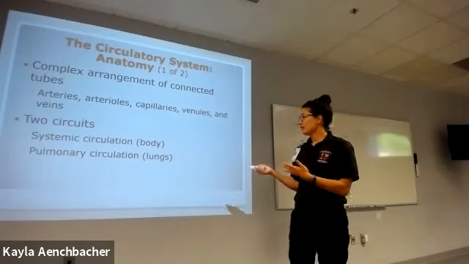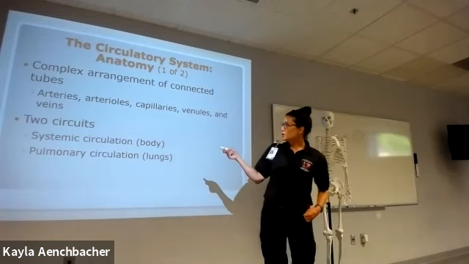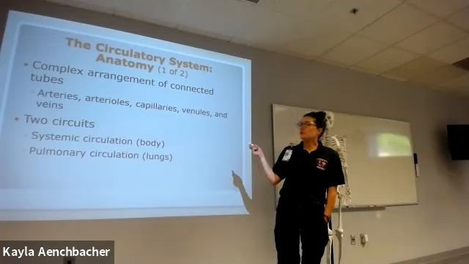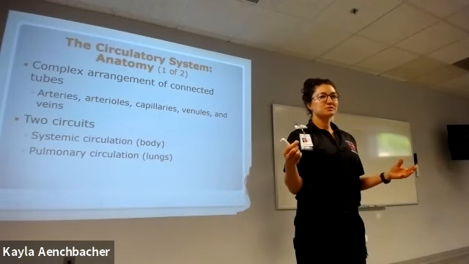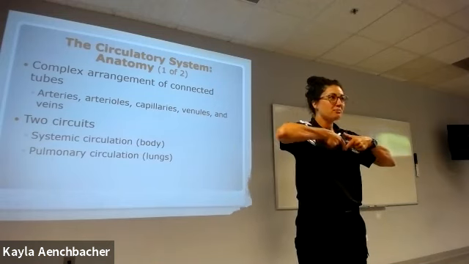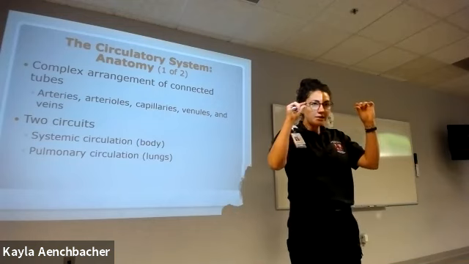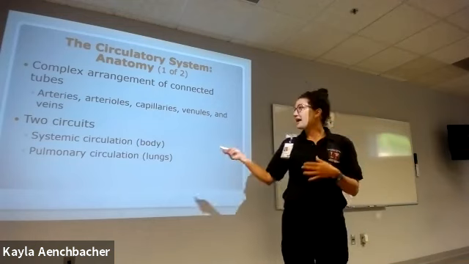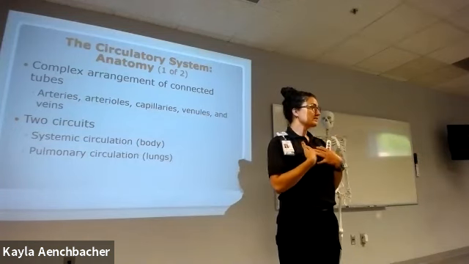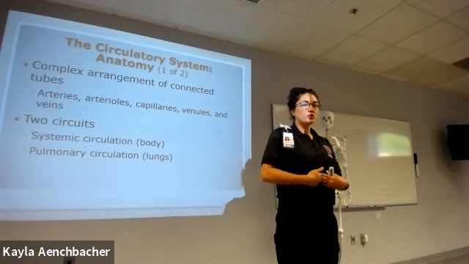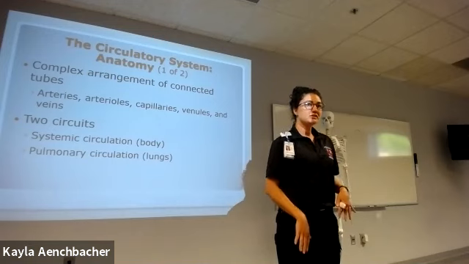So we have the arteries, we have veins, and then notice arterioles, venules. What does that remind you of? Bronchioles, right? So we start with the bigger bronchi, we branch off to the little guys, and they're the bronchioles. We have the same thing with arteries. We have big arteries that branch off of our heart and go through our abdominal cavity and branch off to the extremities.